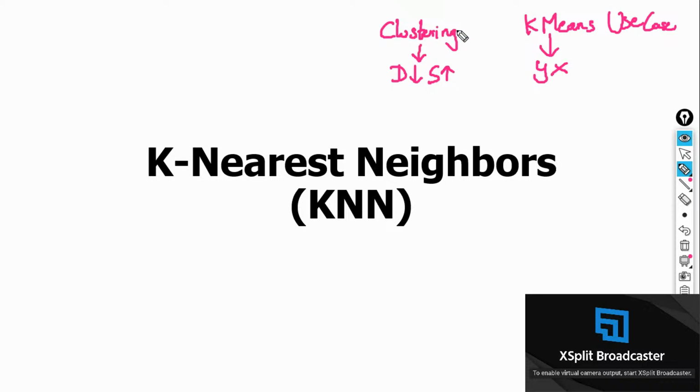Clustering can be of many types: hierarchical clustering, non-hierarchical clustering, then density-based clustering. So there are multiple types of clustering. Yesterday we understood a project on k-means. K-means falls under non-hierarchical.